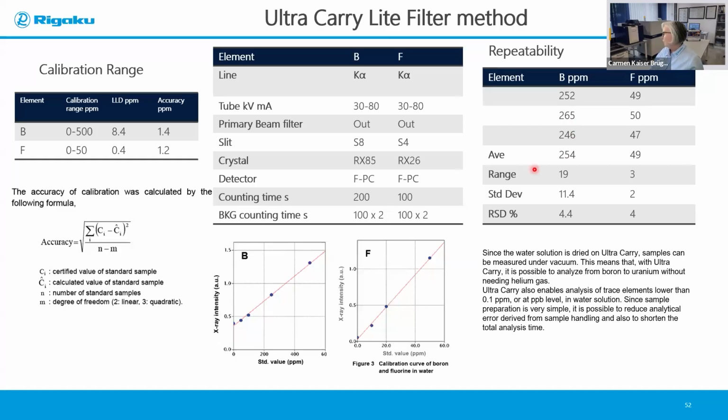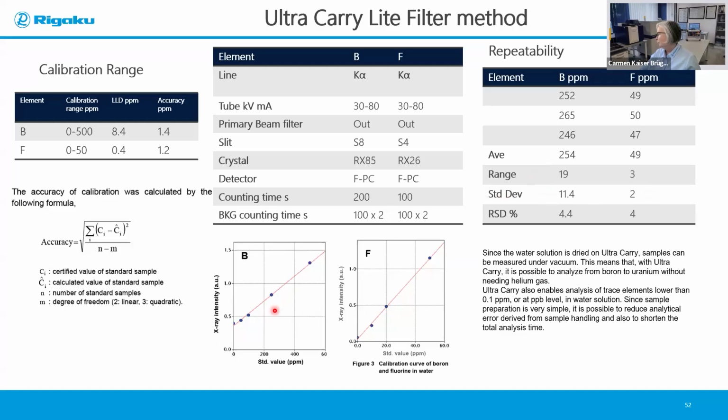What's interesting for us to always look at is the standard deviation that we would get. So for boron, we could get 11 ppm standard deviation, and for fluorine a 2 ppm standard deviation. So showing you how easy it is to measure boron and fluorine at a low concentration level in water.